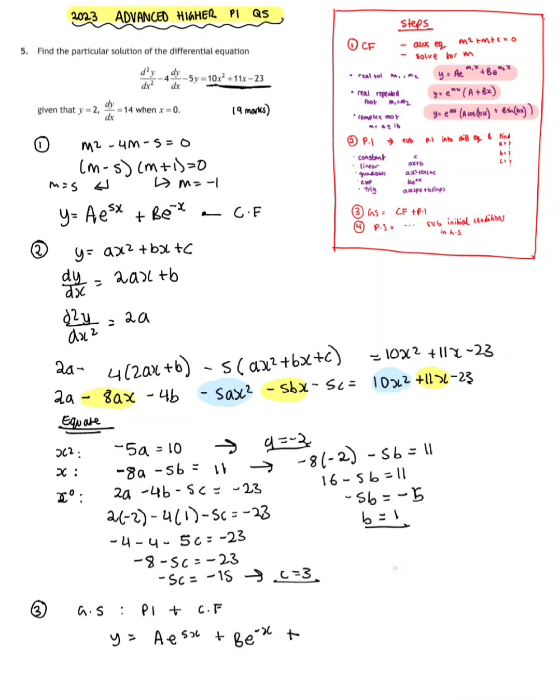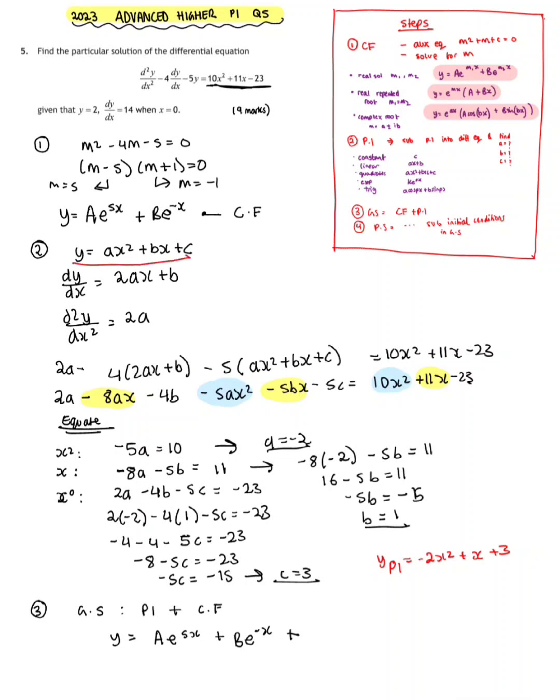So particular integral is equal to minus 2x squared plus x plus 3, which is the same form as we got here.